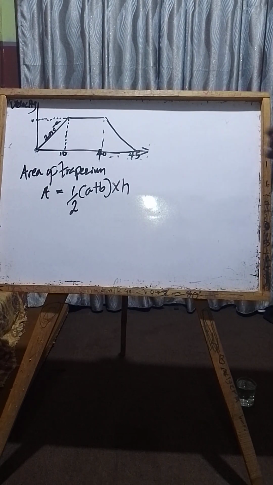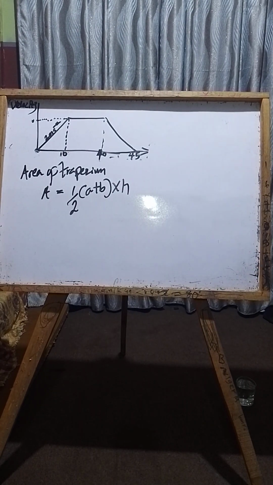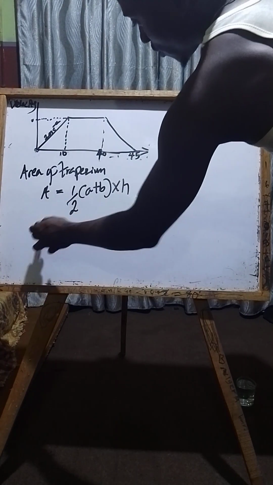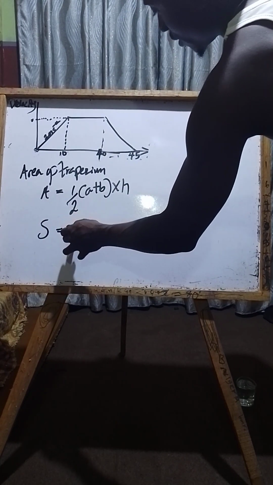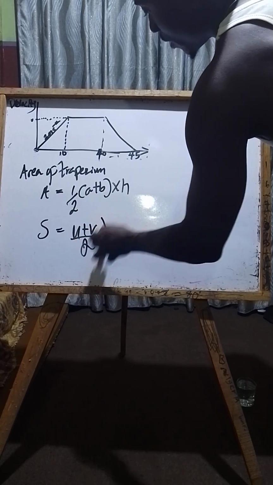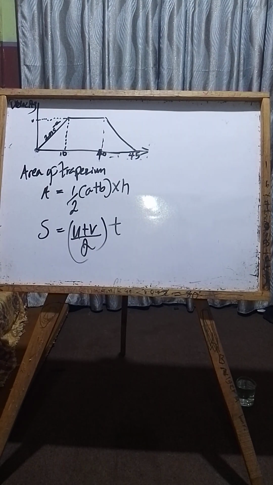Now this is the same formula for total distance traveled, which is s equals average velocity, that's u plus v over 2, times t. As simple as that. That's the area of the graph.